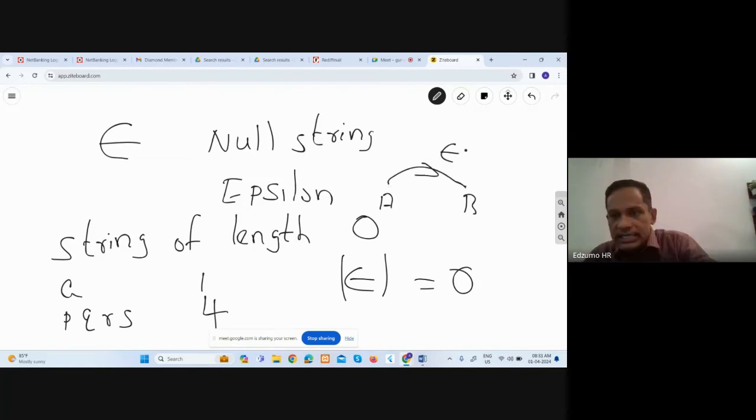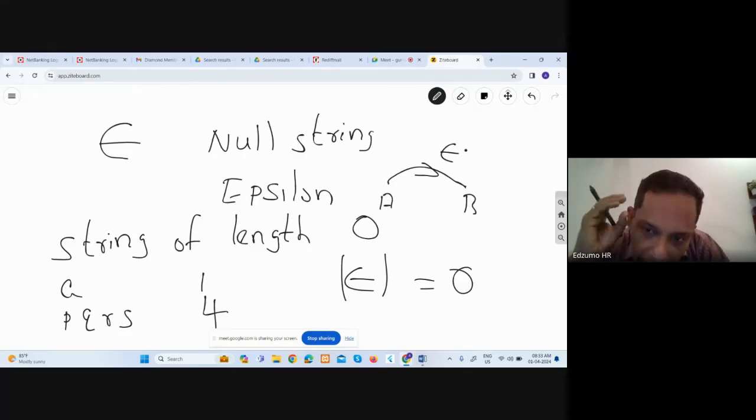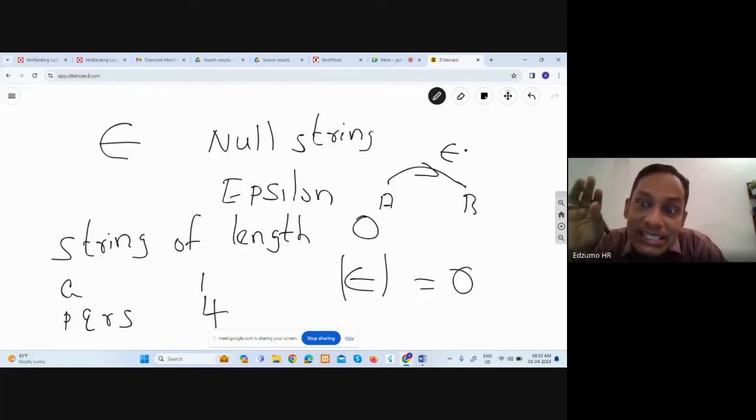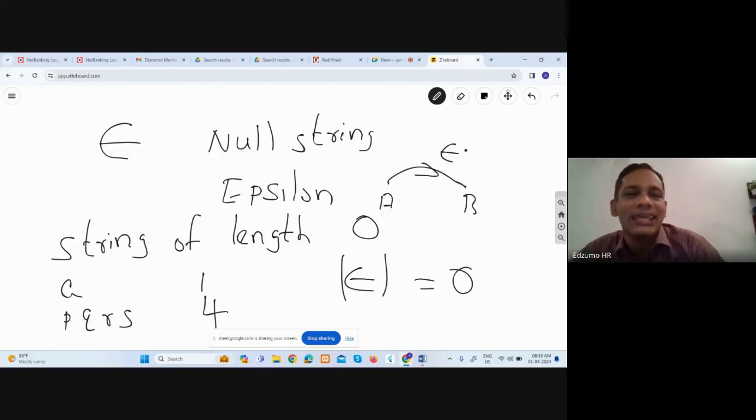We'll understand this concept clearly when we study the states of automata and transitions. At this point of time, please simply understand epsilon is nothing but the empty string or null string with which I can move from one point to another point. Remember, the length of the string is 0, but the cardinality is 1. What is cardinality?